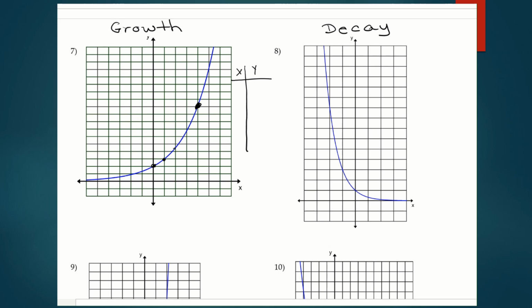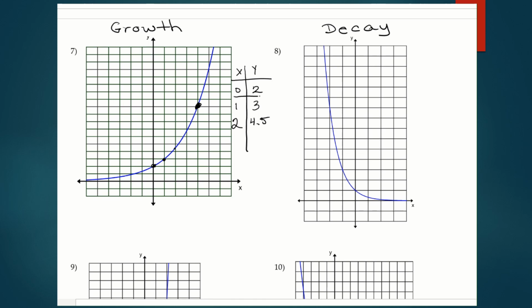Okay, so looking at these first couple, I see 0, 2. I see 1, 3. And it looks like 2, 4 and a half. I think that looks pretty close. And then we continue going up from there. I'm a little nervous to mark too many because I want consecutive points to really help me figure out my b value.